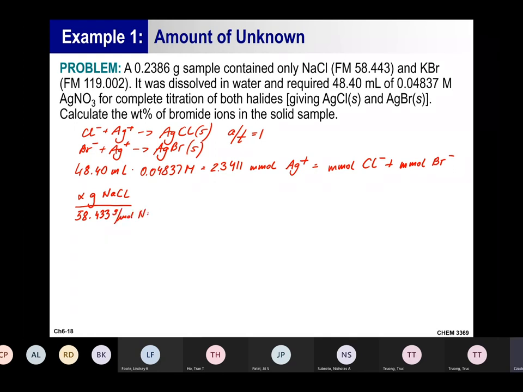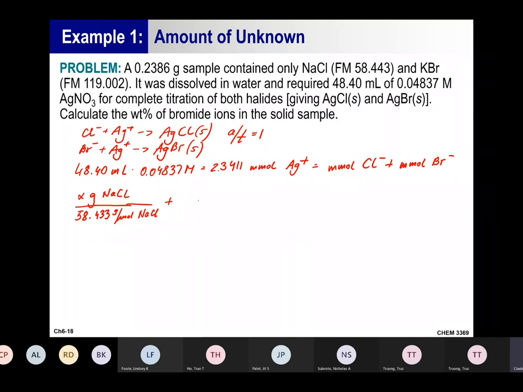Okay, and this is NaCl. Again, to be clear here, this ratio is the moles of NaCl in my sample. But the moles of NaCl is equal to the moles of Cl minus, or the moles of Na plus from the formula, right?